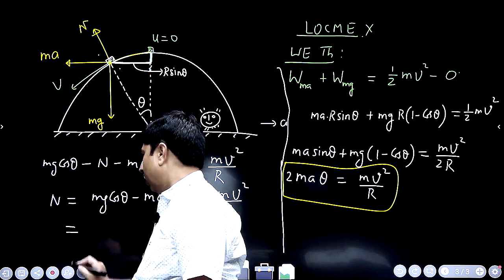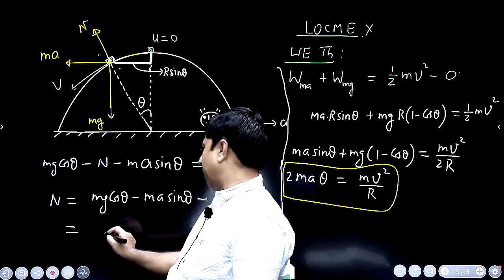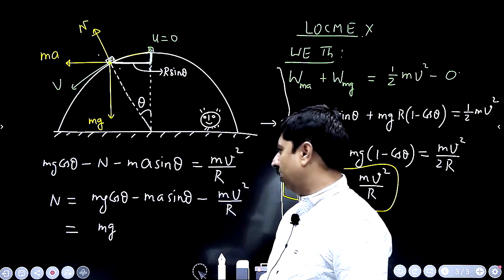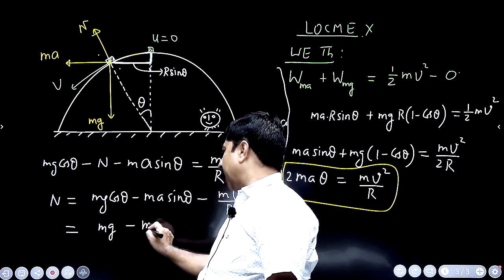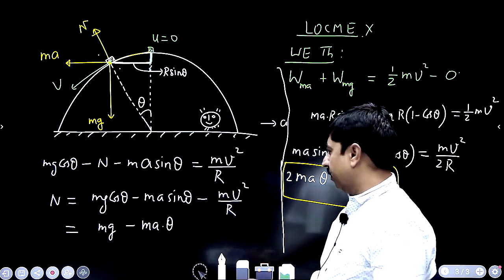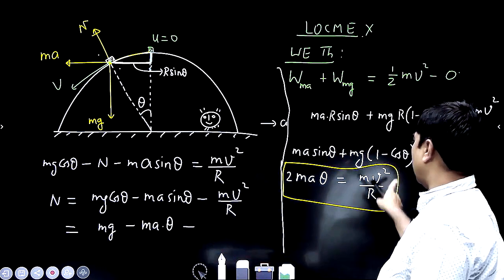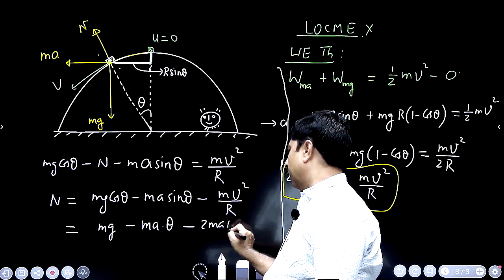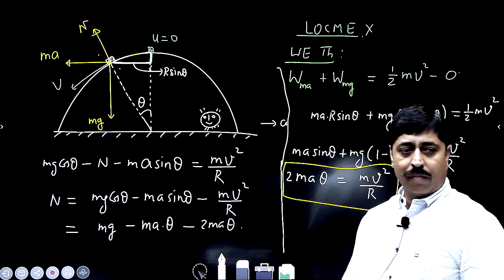Again, take a note that mg cos theta can be written as mg, no harm in that, because cos theta can be written as 1. ma sin theta, again I am writing as ma into theta. For small angle, sin theta is theta, and mv square by r can be written as 2 ma theta. So, 2 ma theta, right.